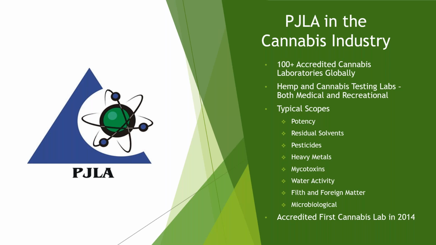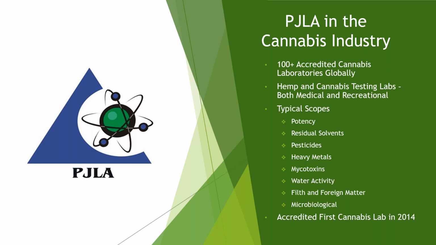We now have 100+ accredited cannabis laboratories, and a lot of laboratories that are still in the application stages, depending on what state they are located in. Some states are still in that process of licensing laboratories.